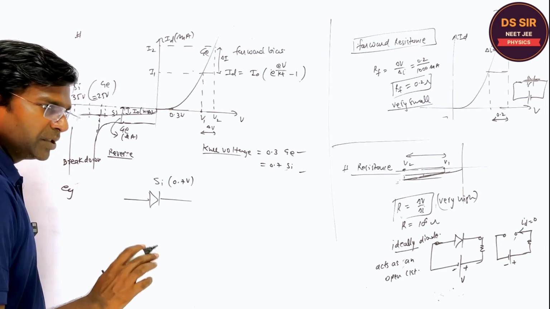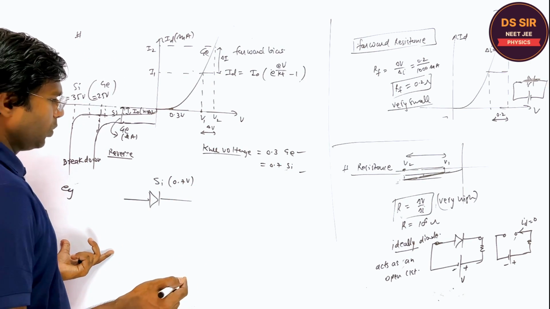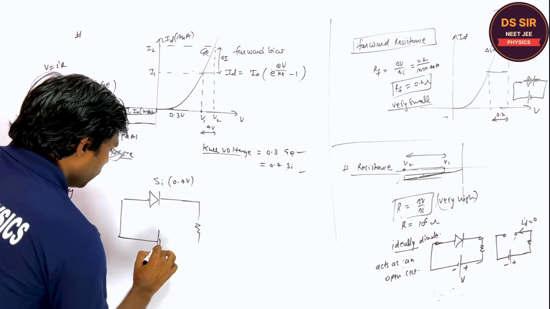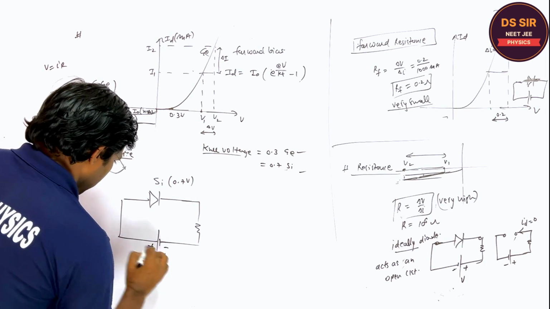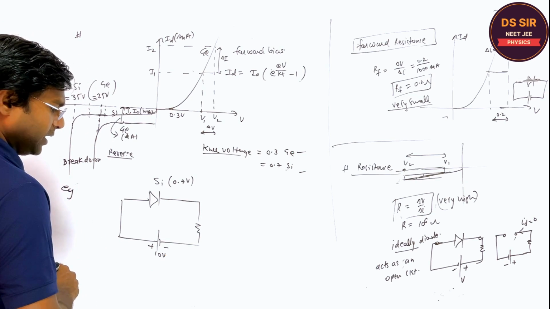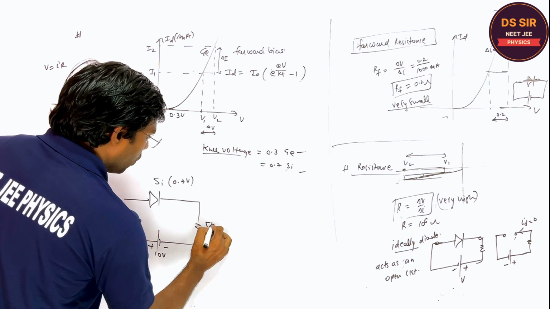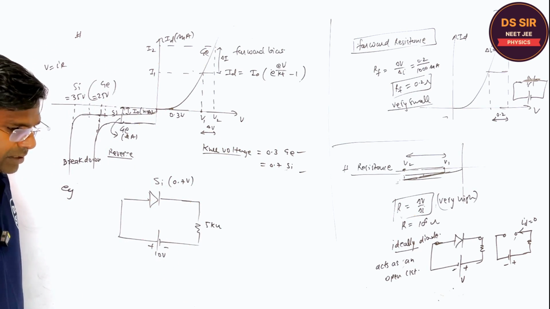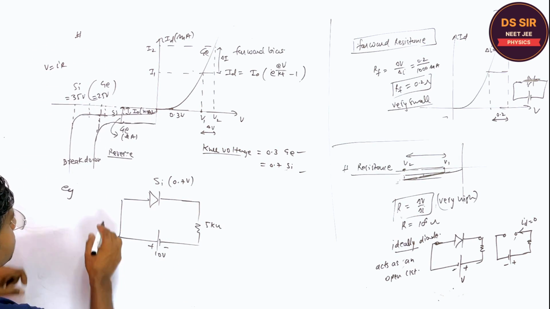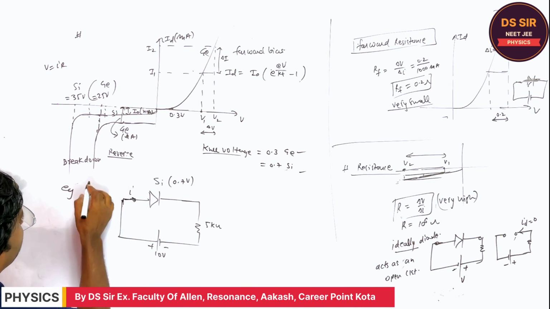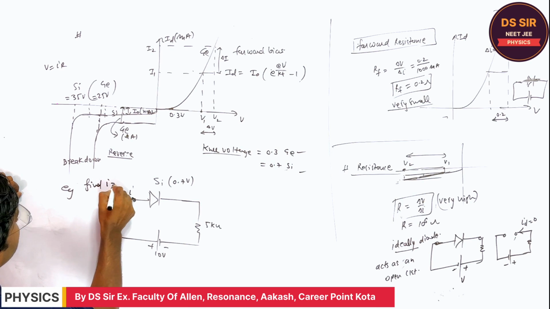It may also be given as 0.6 volt or something else. Suppose this is 10 volt, and this is 5 kilo ohm. Find the current in this case.